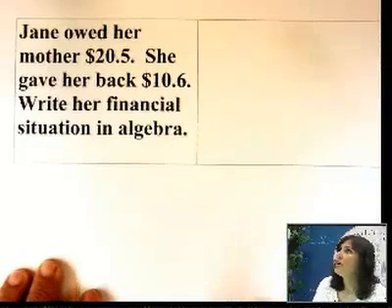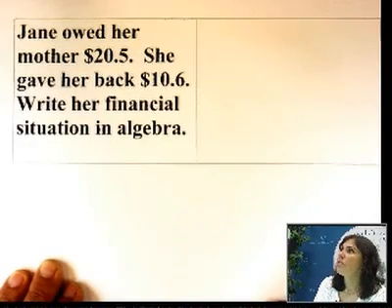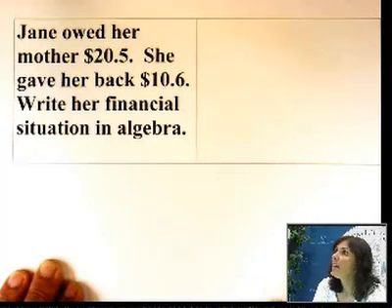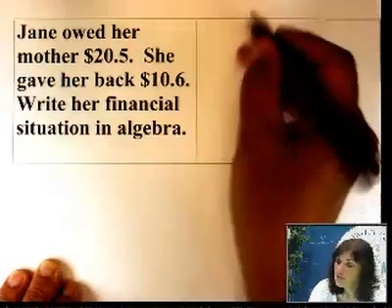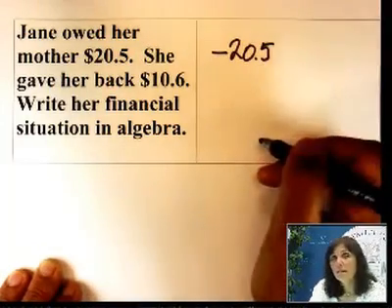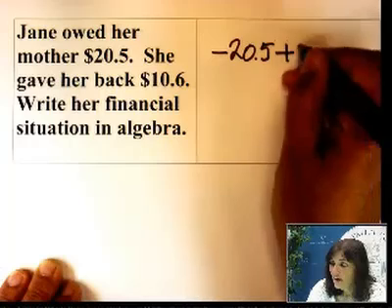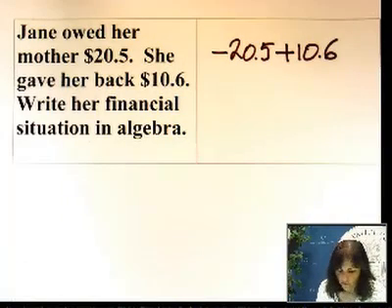Jane owed her mother $20.5. She gave her back $10.6. Write her financial situation in algebra. Okay, she owed her mother $20.5. That means it's a bad thing, so it's a negative. She gave her back money. That's a good thing. So here's the algebra. 20.5.